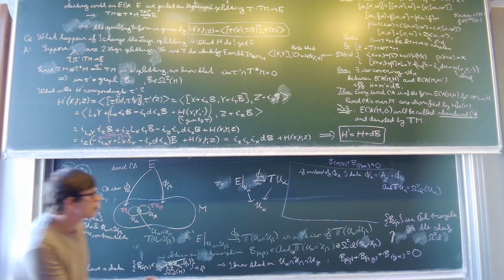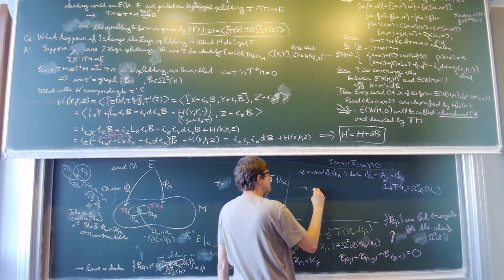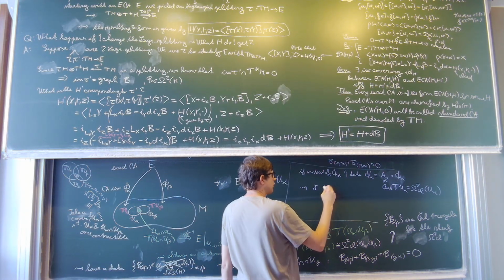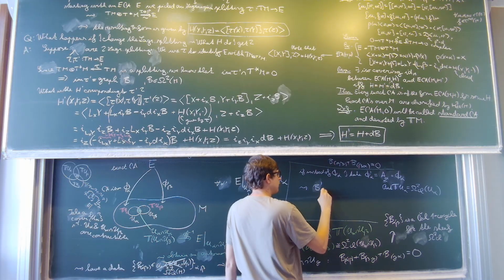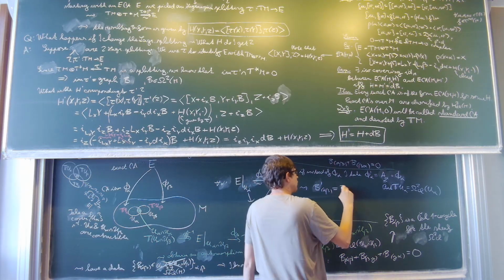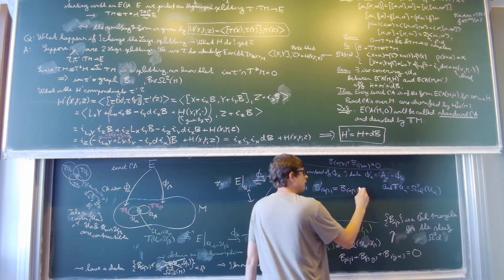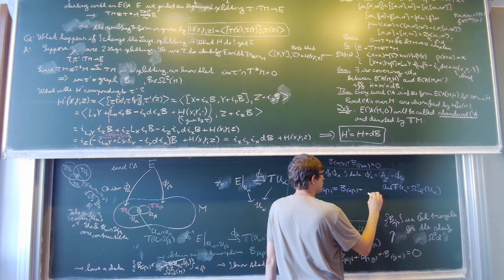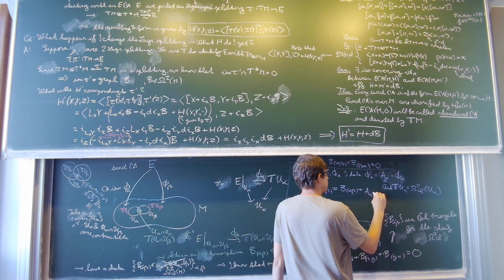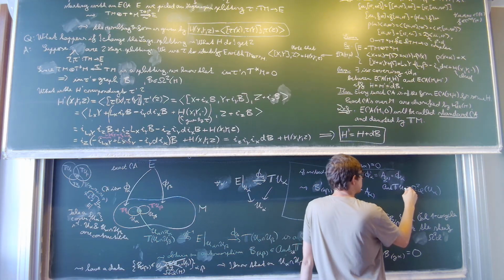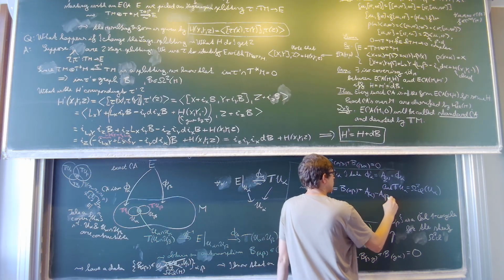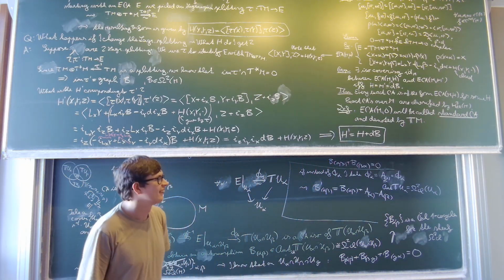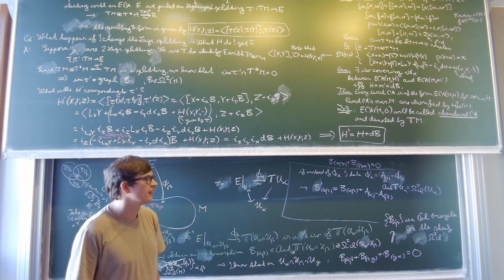If you do the calculation, it should come out that the new B comes out to be the old B plus a coboundary.